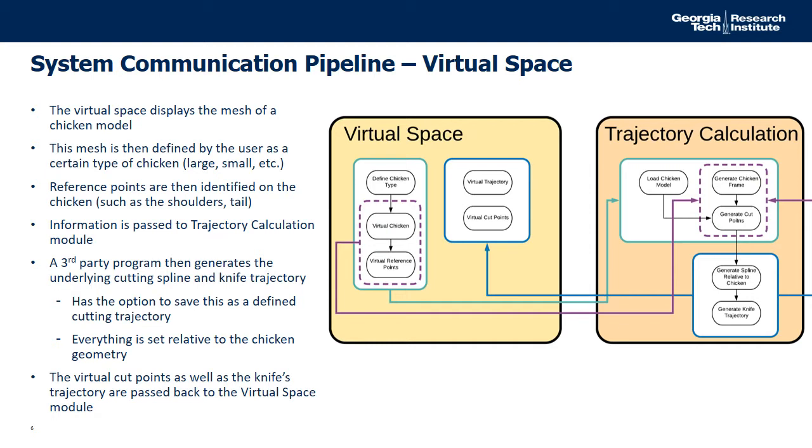In the trajectory calculation module, cut points are generated that are smoothed using a spline function and turned into a knife trajectory. The cut points, as well as the knife's trajectory, are passed back to the virtual space module, where they are visualized and edited in the virtual environment.